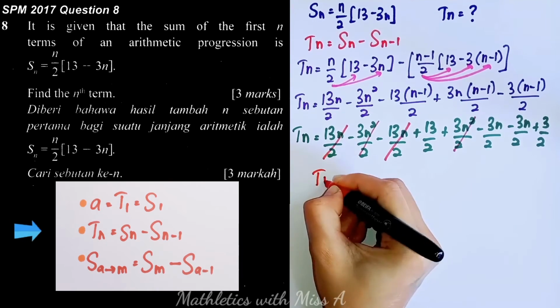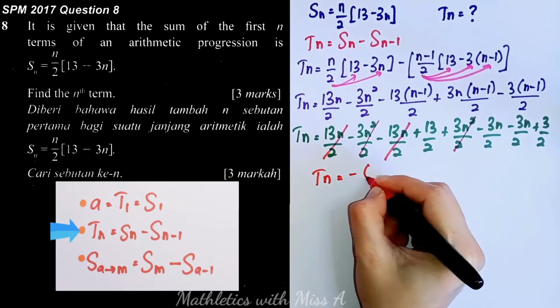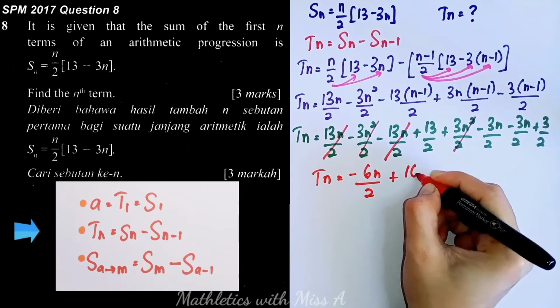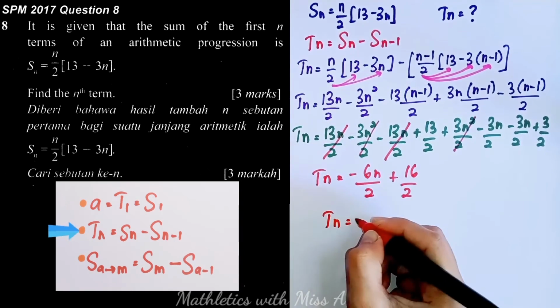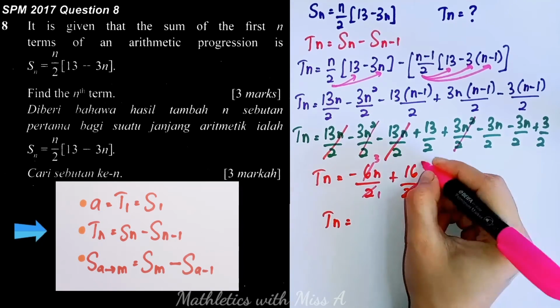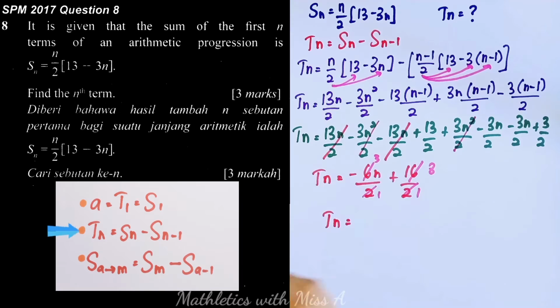So what remains is Tn equals negative 6n over 2 plus 16 over 2. And then simplify.